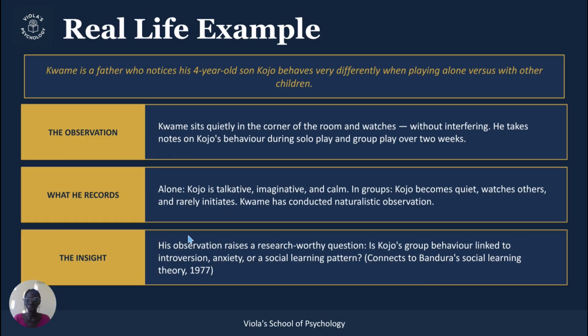So Kwame, which is the father, cannot answer the why yet. He cannot answer why his son's behavior in 2 different contexts is different. But he has described the what, which is the first step of a research, the first step of identifying the research problem. That is where every good research begins.